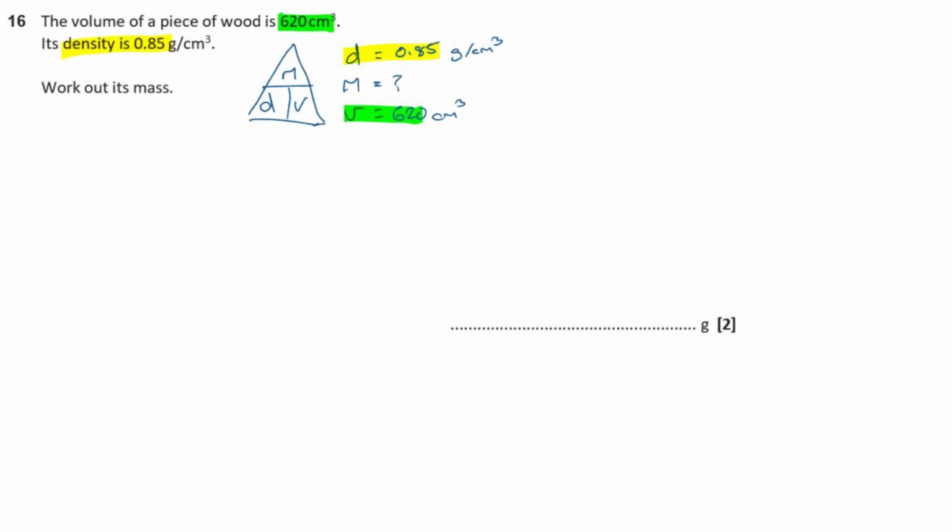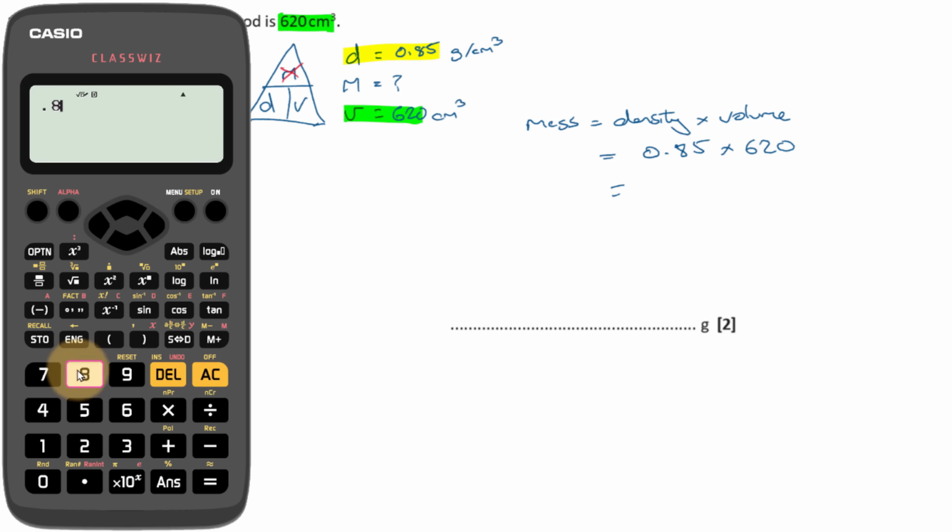So we're going to cover up the thing that we want to find, mass. And then it tells us what to do with the other two. So mass equals density multiplied by volume, which in this case is 0.85 times 620. Okay, what's that then? 0.85 times 620, that's 527. And that's my answer then, 527 grams.